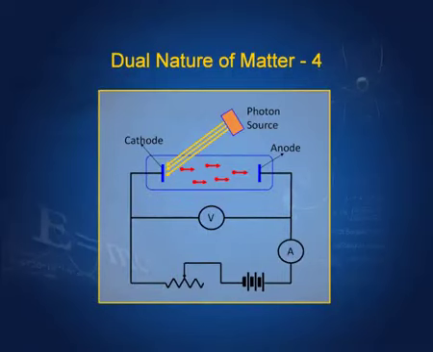This energy can be given in various ways. One of the ways is to heat a piece of metal, so that electrons get sufficient energy to come out. This is known as thermionic emission. This we discussed in the last lecture, and now we continue from that point onwards.